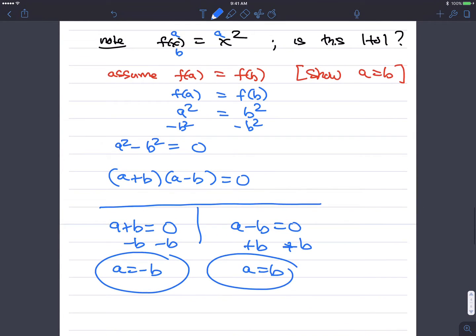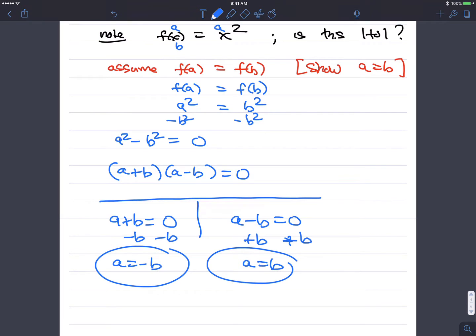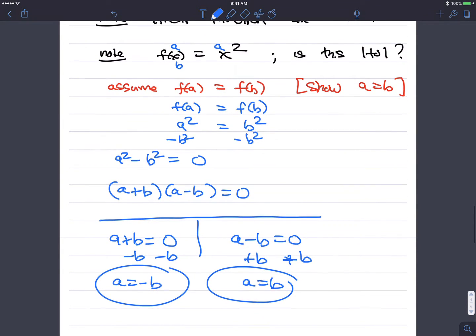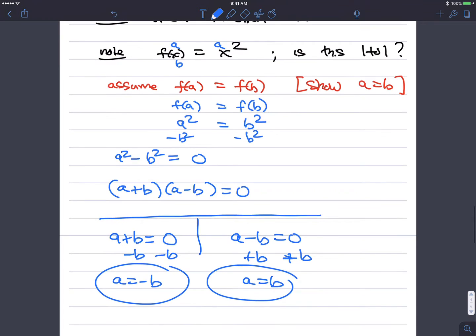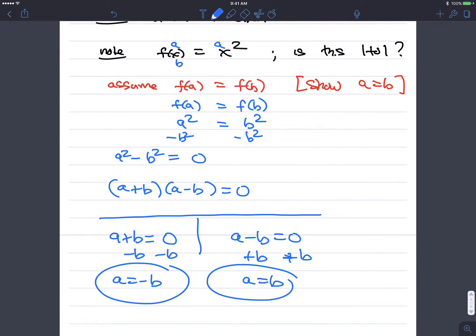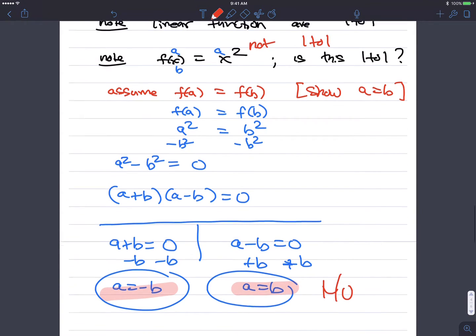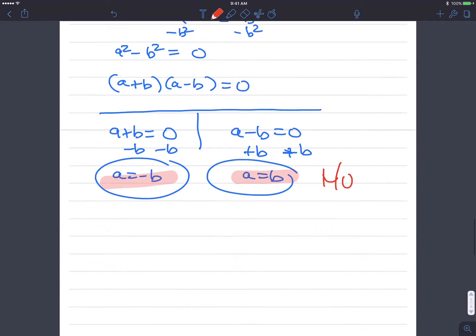Can I guarantee for this quadratic function that equal outputs give me equal inputs? The answer is a big what? Yes or no? Good. How do you guys know it's a no? Because A certainly can be B, or it can be opposite B. So this is a no. So this function is simply known as not 1-to-1.